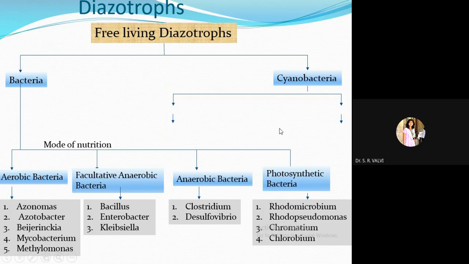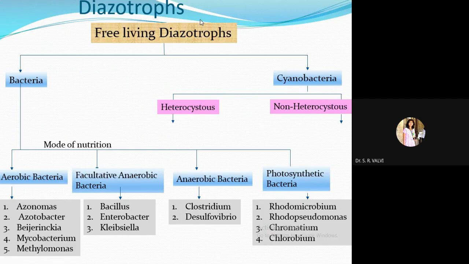Now come to cyanobacteria. Cyanobacteria are also called blue-green algae. This is a primitive microorganism. So cyanobacteria, according to the presence of heterocysts, are divided into two types: heterocystous cyanobacteria and non-heterocystous cyanobacteria. As I have explained in my first lecture of this nitrogen fixation, heterocyst is nothing but the bigger cell which is present within their filament, which is a thick walled cell and which is somewhat pale colored. Such a cell of that filament is called heterocyst.